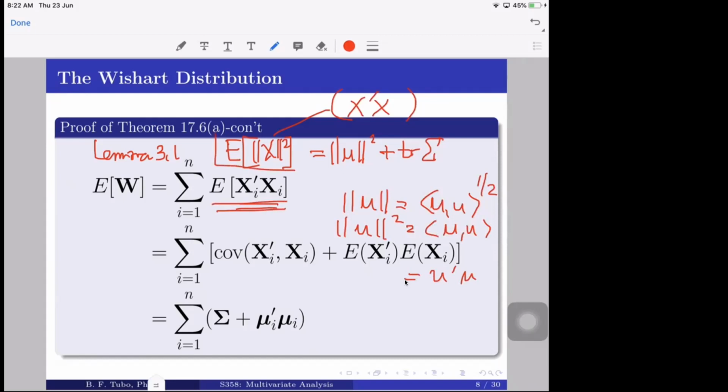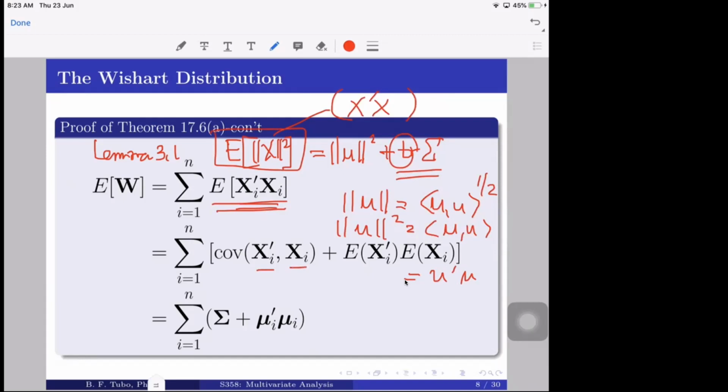This can be the expected value of the square norm of mu, which is equal to the covariance. We cannot automatically put trace there because these are vectors.